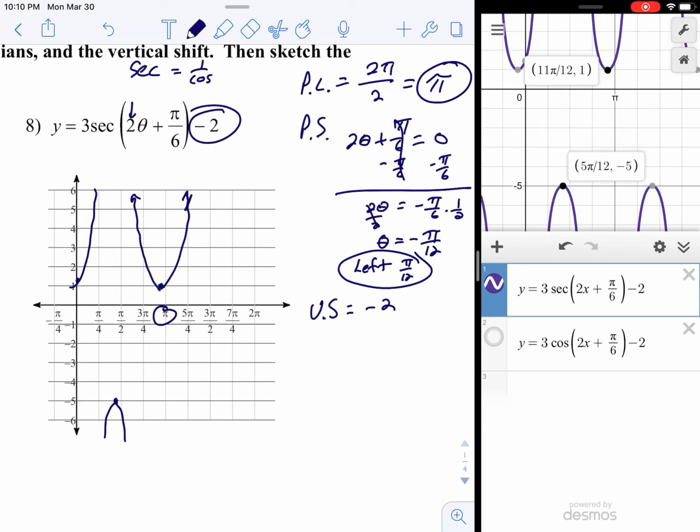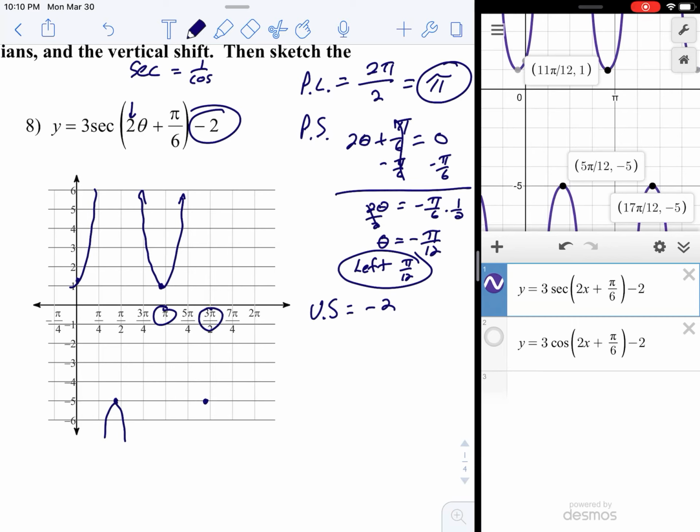Now, I'm kind of being sloppy. I really spread that out too far. So there we go. This is one of those where I'm just going to ask you to do your best to approximate this as good as you can. 17 pi over 12. Well, let's see. 18 over 12 would be 3/2. 3/2 is right here. -5.